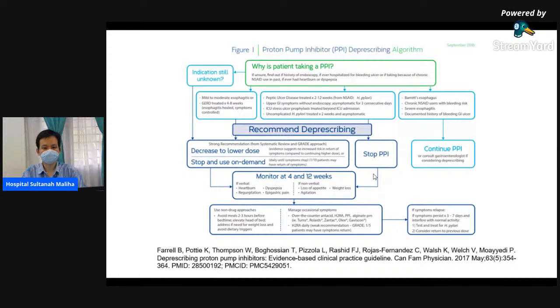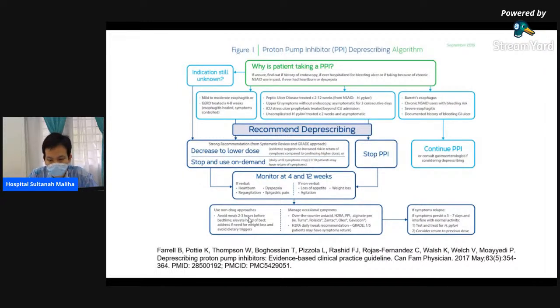So we talk about the PPI de-prescribing algorithm. In Canada, they do have a study that talks about de-prescribing PPIs. You can see from here, there's an algorithm. When they are not indicated, or when the risk is lowered, then it's good to lower the dose, or stop and use on demand. That means restart when there's a need.